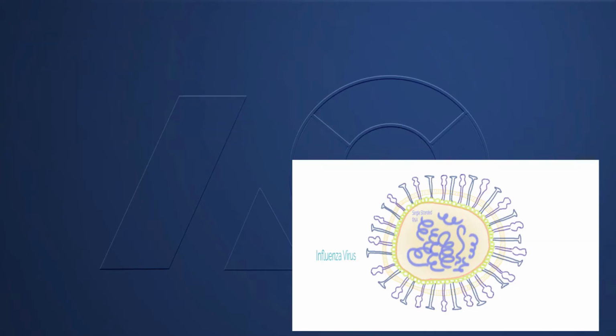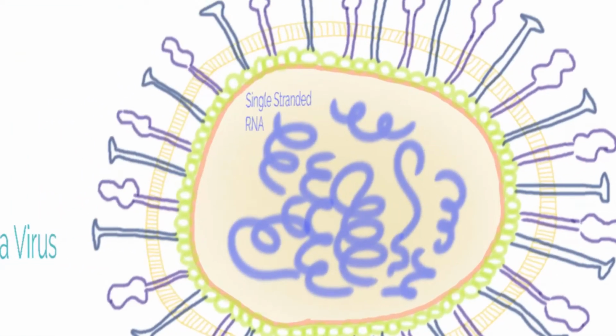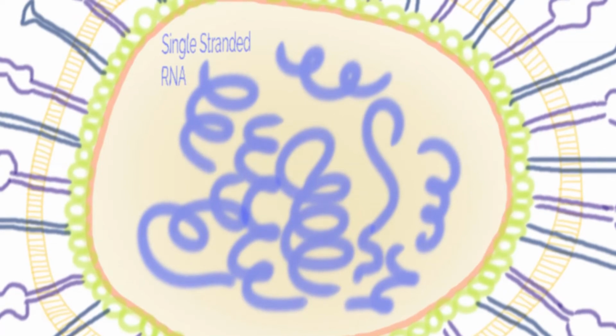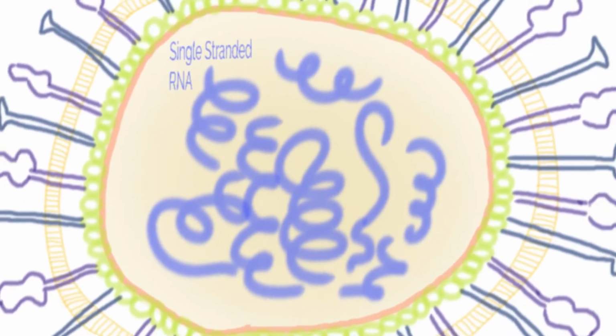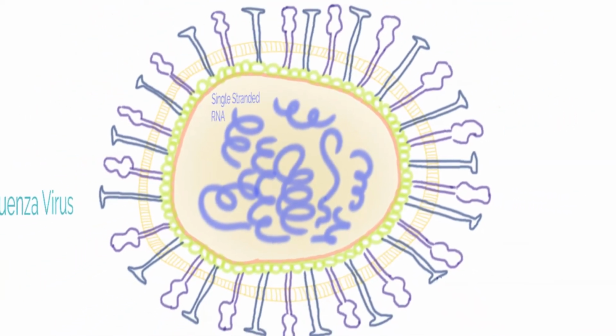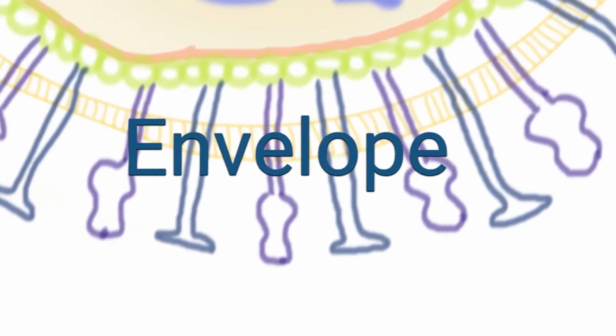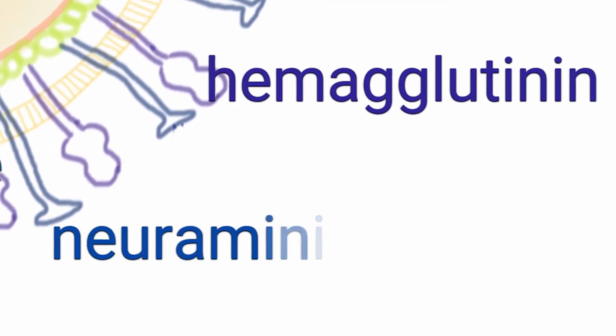The genome of influenza virion contains 8 segments of ribonucleic acid, RNA. The pleomorphic influenza virions have a sphere shape that is enveloped with glycoprotein spikes of hemagglutinin and neuraminidase.